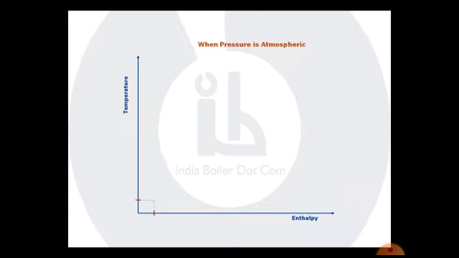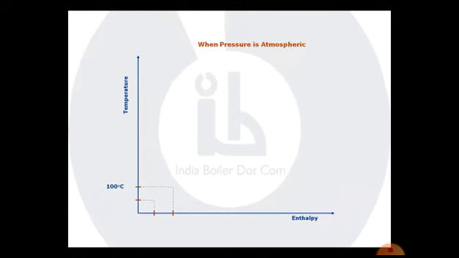This way I go on adding heat, increasing the enthalpy and marking it on the x-axis, and under atmospheric pressure this I can continue till the temperature reaches 100 degrees centigrade. At this point, let us have 2 more points on the enthalpy axis and temperature axis. Now we extend these 2 points and get another intersection.